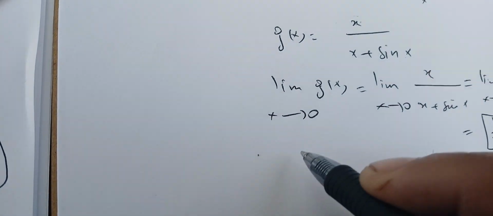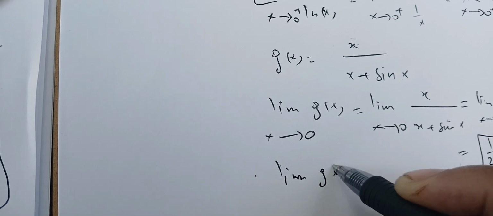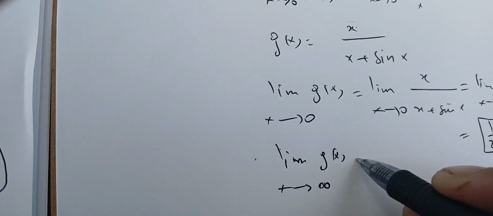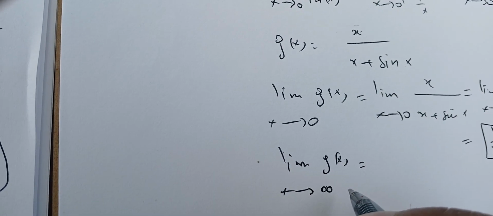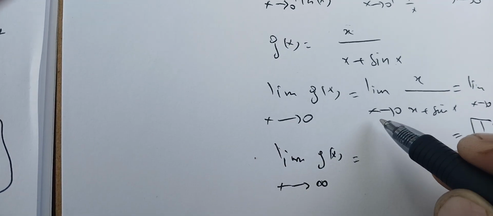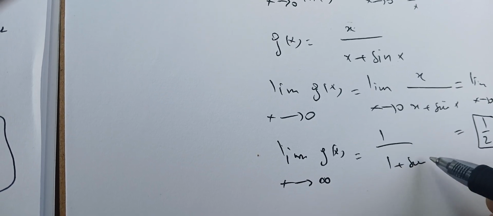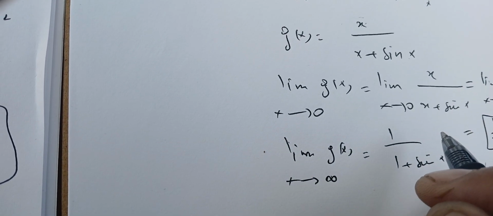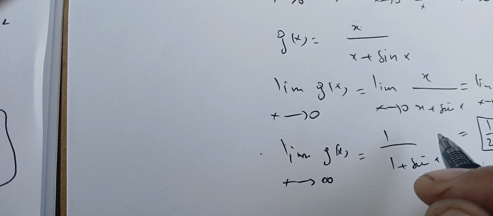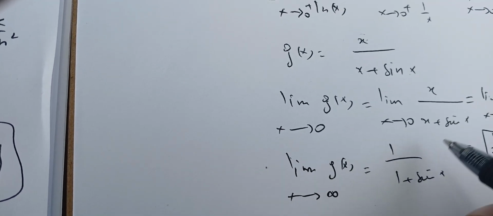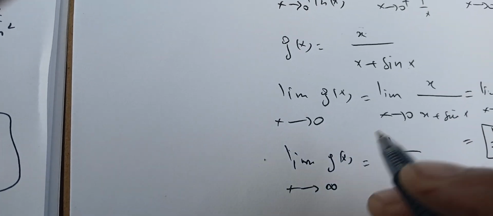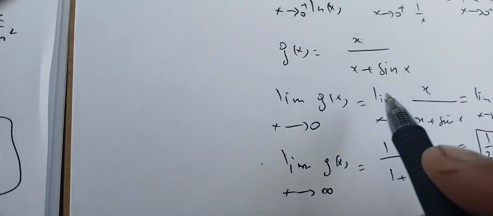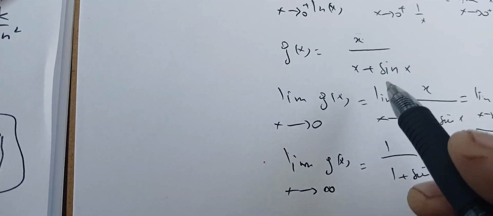But let's see what happens when we try to compute the limit as x goes to infinity. If we do the same thing, we have 1 over 1 plus cosine of x, and even before getting here, we don't have the conditions to use L'Hopital's rule.